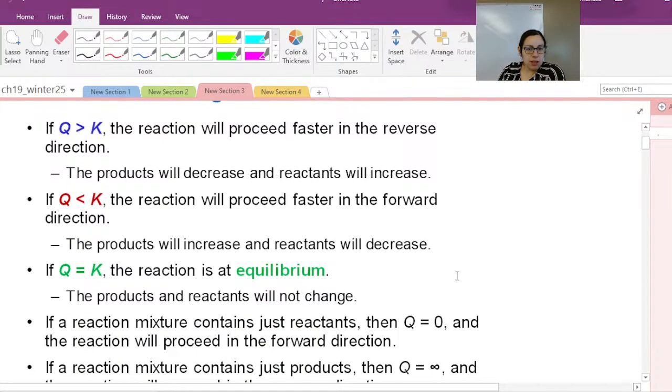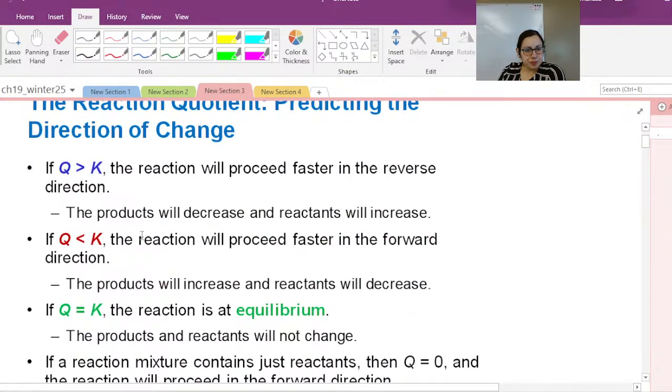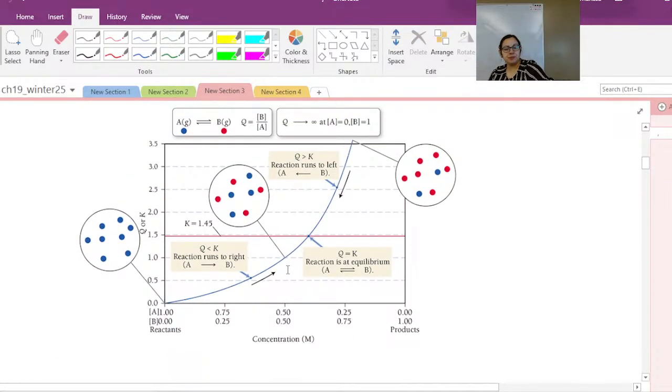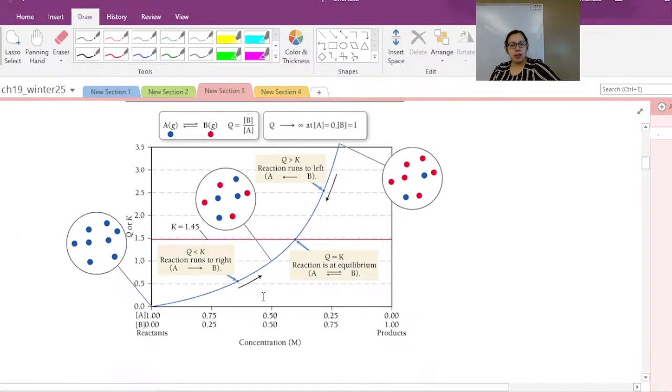All right, so then we get to this, which is easier to look at on our graph here. Let's say we know our equilibrium constant. In this case, it's 1.45 for this particular AB reaction.